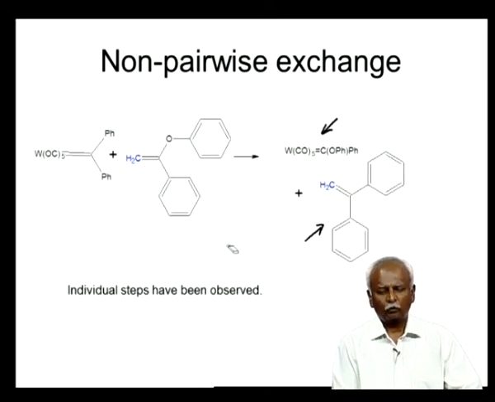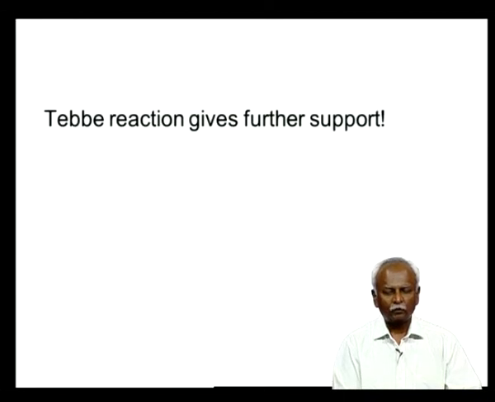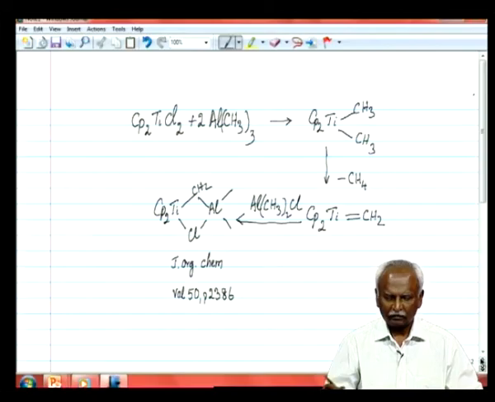Once you form a metallocyclobutane, then the metallocyclobutane can ring open in such a fashion that you get the more stable carbene, which is what I have listed here, and the diphenylethylene. So, the Tebbe reaction in fact gives further support for this mechanism, and we will take a look at the Tebbe reaction.